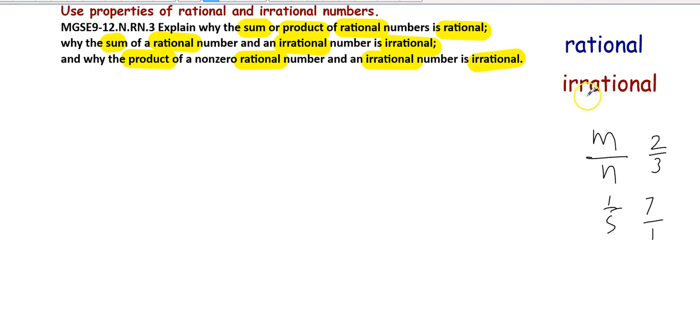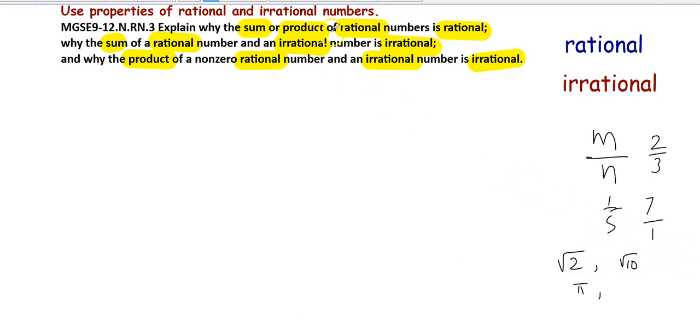And irrational numbers are those which cannot be written as a ratio or a fraction, that is square root of 2, square root of 10, or pi, any number which cannot be written as a fraction, that is irrational.